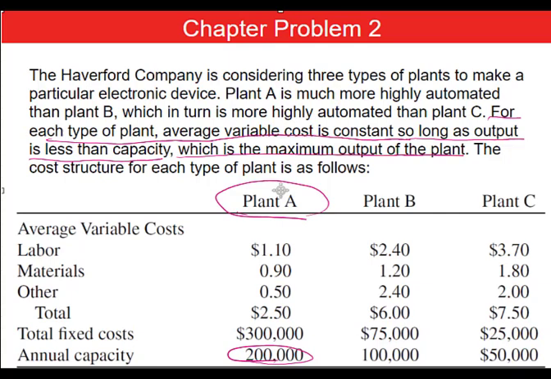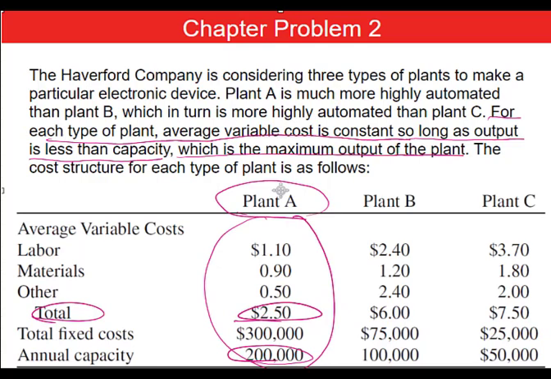So as long as the output is less than or equal to 200,000 per unit, average variable cost, which is found here, is 250 per unit. But if you exceed 200,000 output, then you have to build another plant A that has the same specification like this. So that is the assumption hidden in this question.